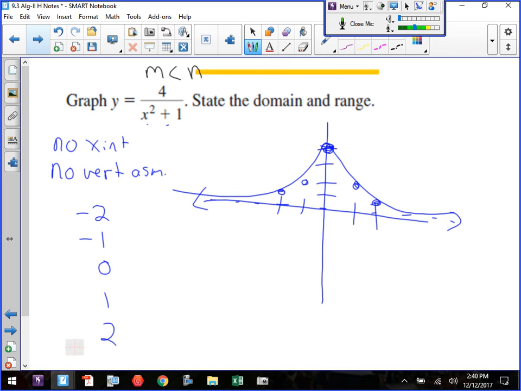It depends what you wind up with. Because no matter what you choose for your next value of x, if I choose 7, I get 49 plus 1. I get 50. 4 over 50 is 2/25. It's getting closer and closer and closer to 0. It'll have a symmetric trend on the other side.